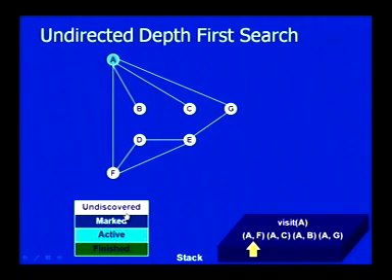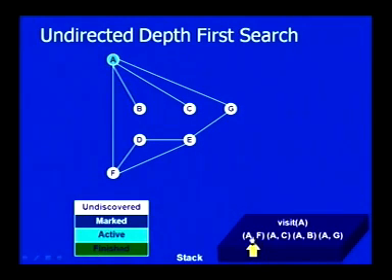Undiscovered means a node that is not encountered earlier. Marked means a node that is already visited. Active means the node that is under expansion, and finished means I have already visited and read the content of that particular node.